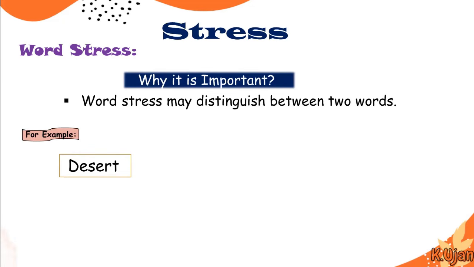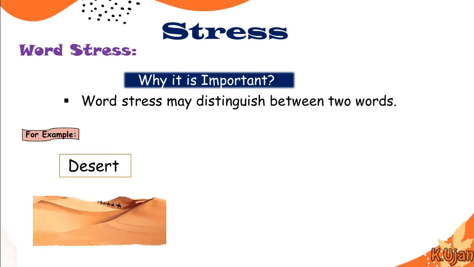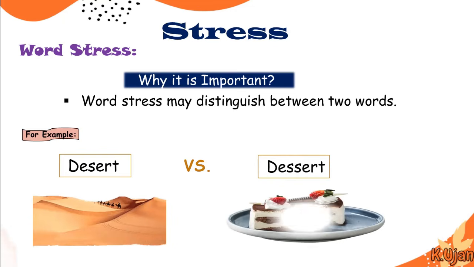The word desert. Desert is a barren land, versus dessert. Dessert is the sweets we eat. So desert and dessert: we make a distinction, and certainly there is importance in recognizing stress.